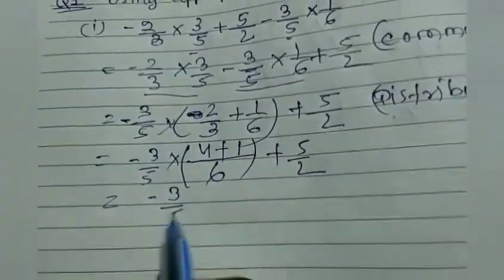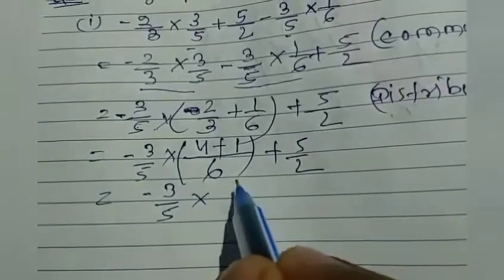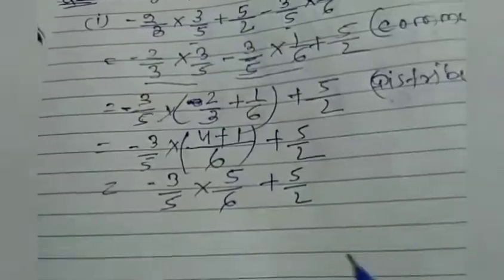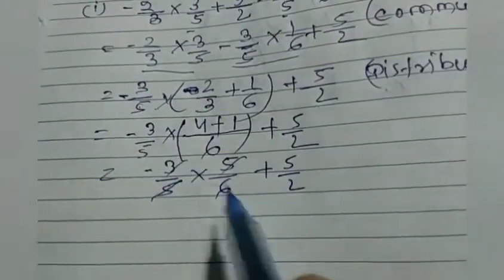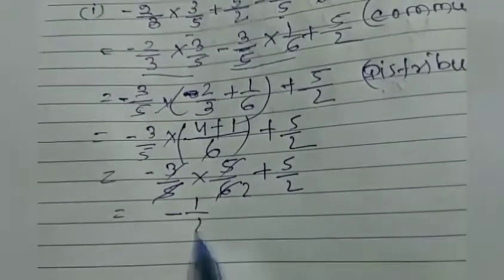Then minus 3 by 5 into 4 plus 1, 5 by 6, plus 5 by 2. The 5s cancel, 3 and 6 cancel, 3 twos are 6. So it is minus 1 by 2 plus 5 by 2.